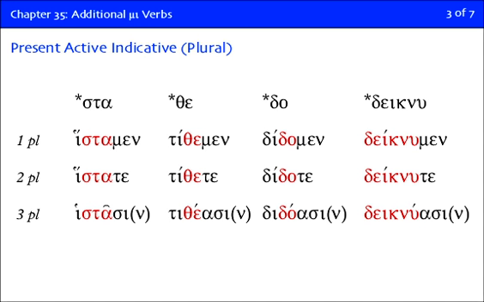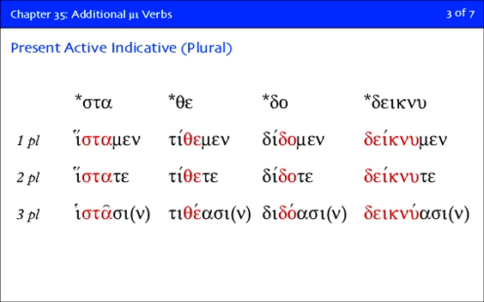And then Dideomi is Dideomen, Dideonute, Dideonuasi. See what's going on in these words? If you get Dideomi firmly in your head, if you know the roots of the other mi verbs, and if you know the peculiarities of a few of those mi verbs, then the mi verb system falls into place.